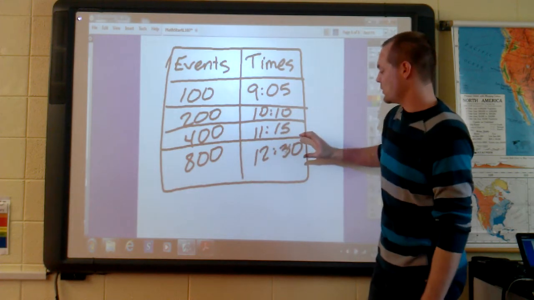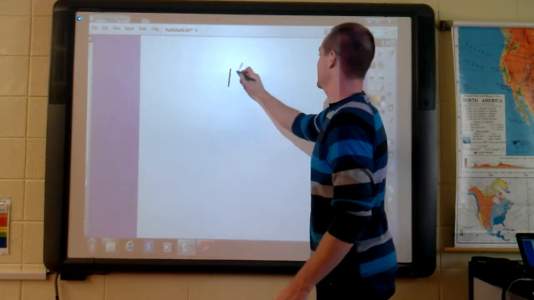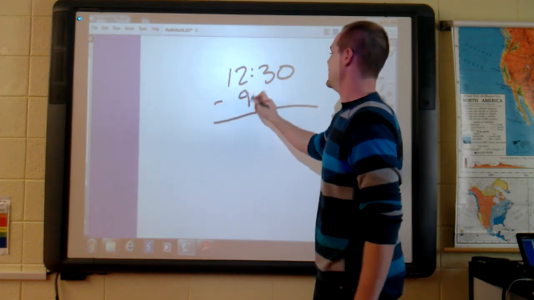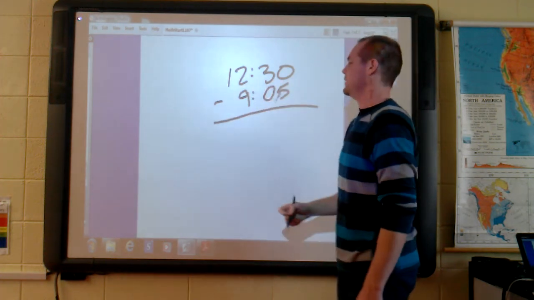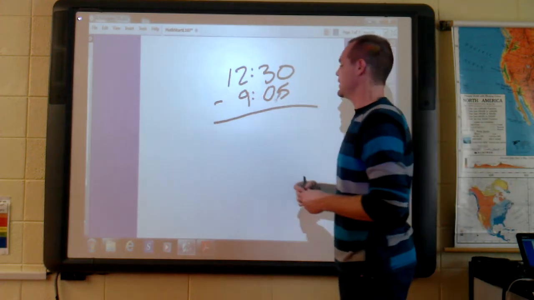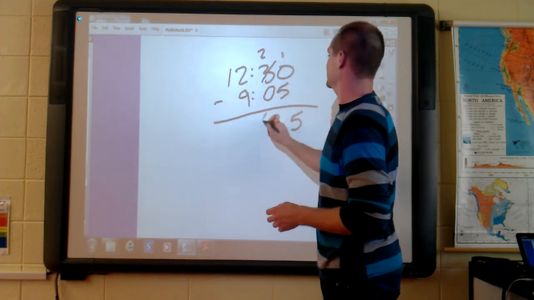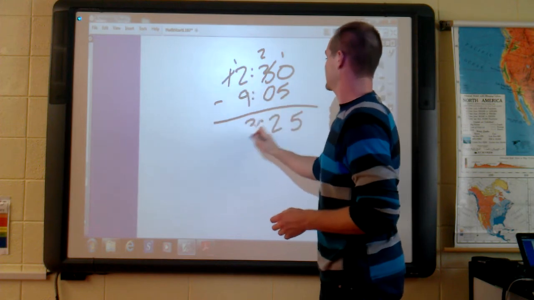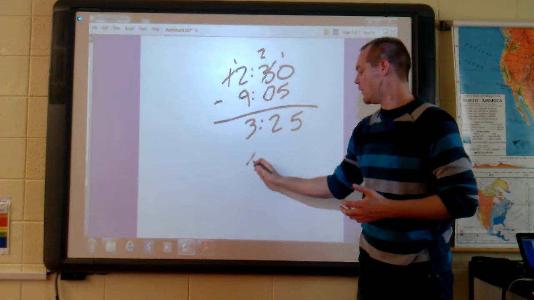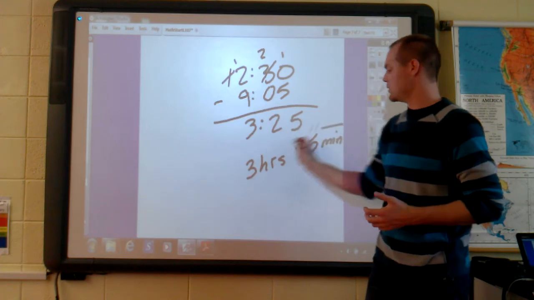Again, you're just taking your larger time, subtracting the smaller time. And we know that sometimes that's difficult. We have 12:30 minus, let's say the first one started at 9:05. It's not always easy to do subtraction in these situations because 0 minus 5, let's borrow. We get 3:25, as long as we understand that this is 3 hours, 25 minutes, it usually works.